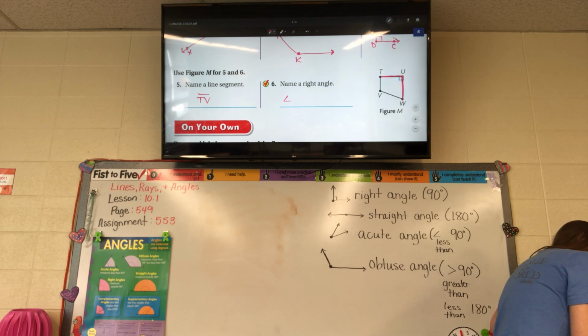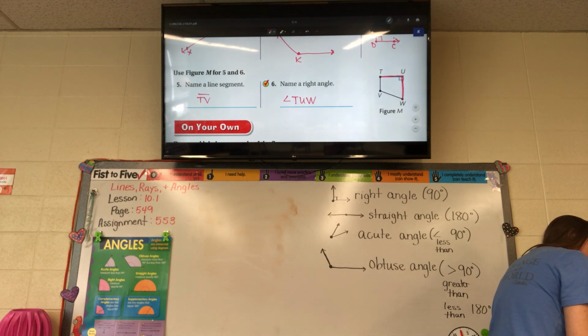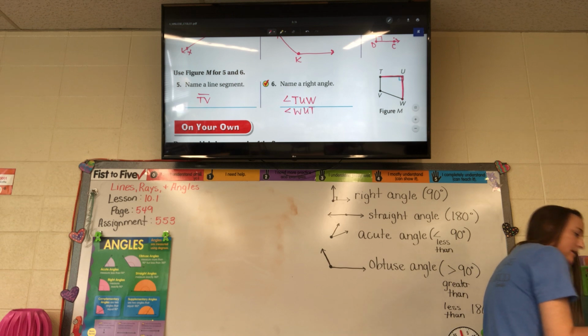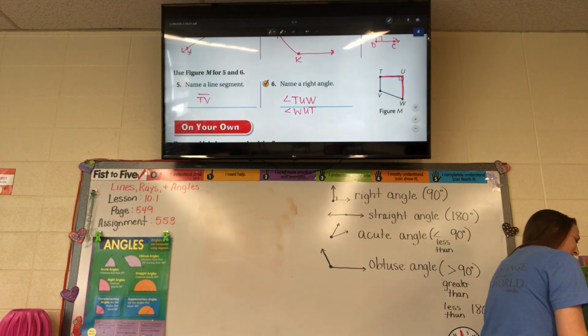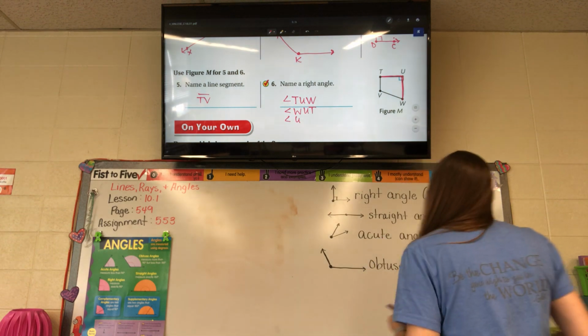It could be angle TUW, or it could be angle WUT, or it could be angle U. Any of those 3 answers are correct.